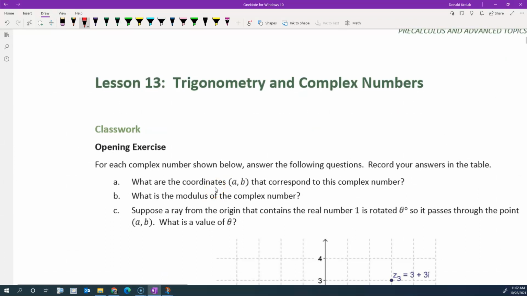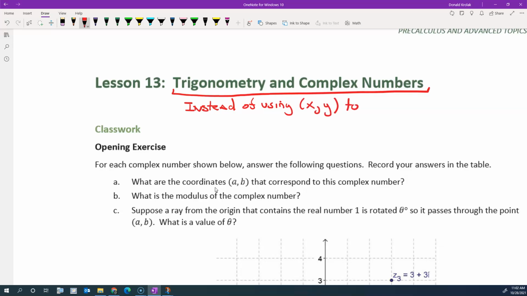To accomplish this, instead of using xy coordinates to describe a complex number, we're going to use an angle and a radius to do the same thing.